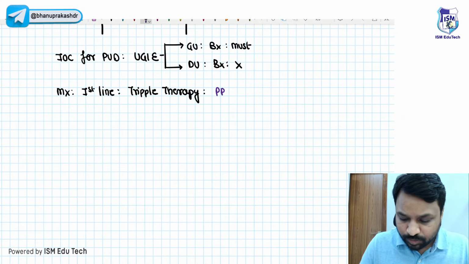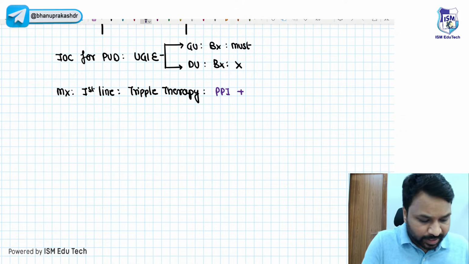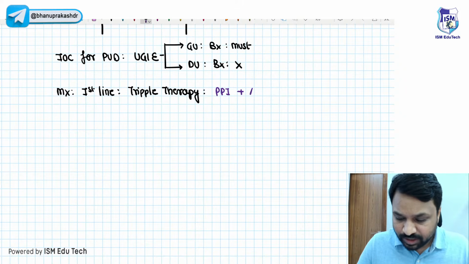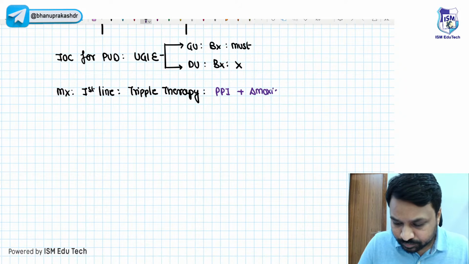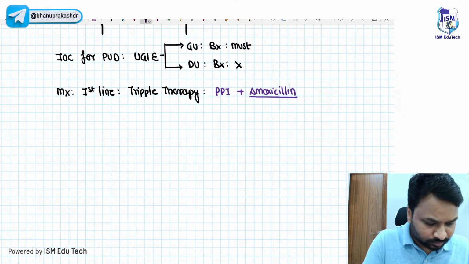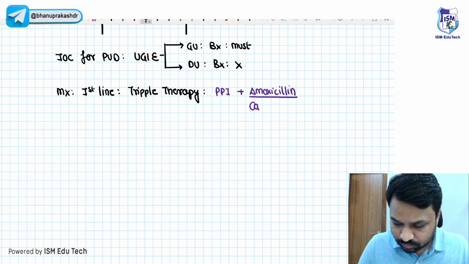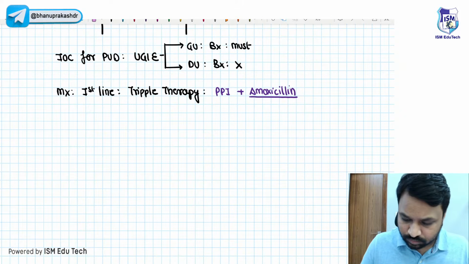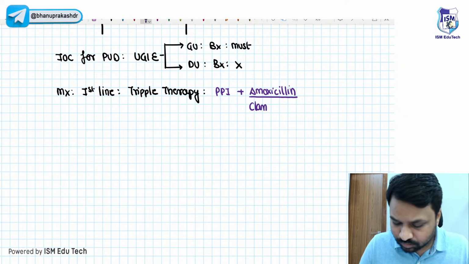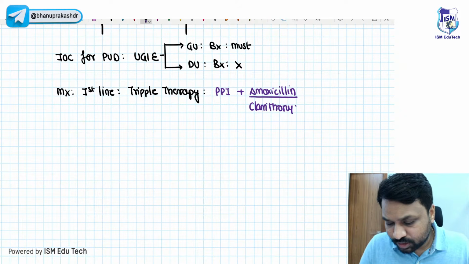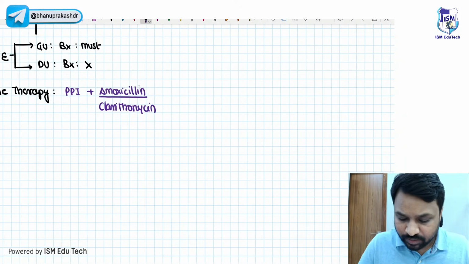We'll start the patient on proton pump inhibitors. There has to be antibiotics, right? So you can give amoxicillin or clarithromycin.